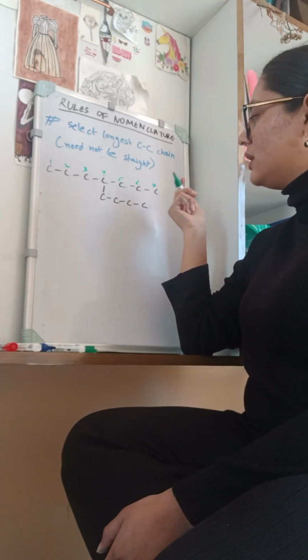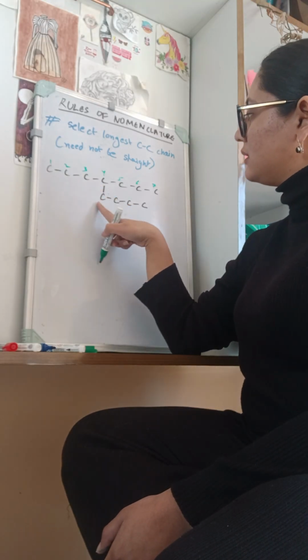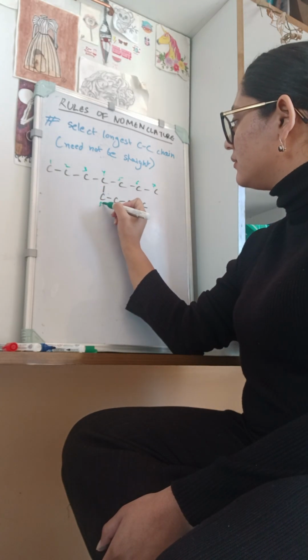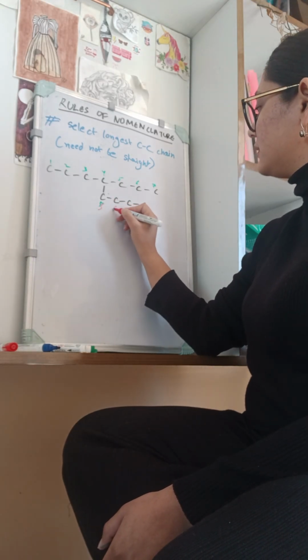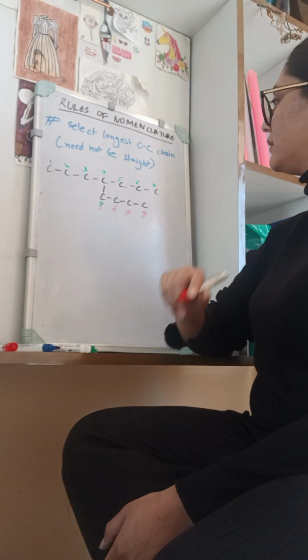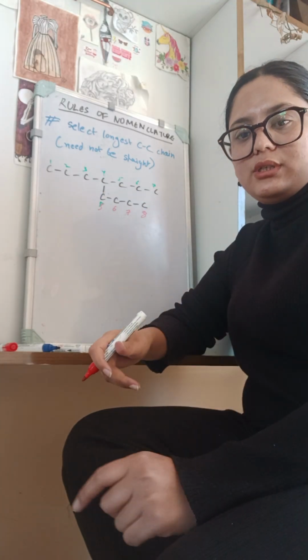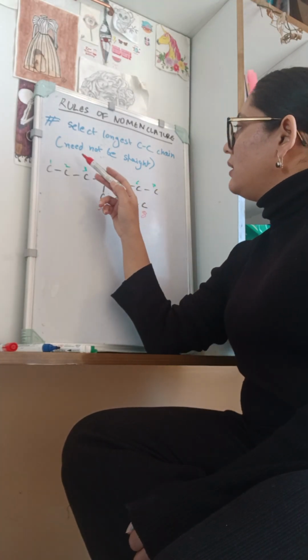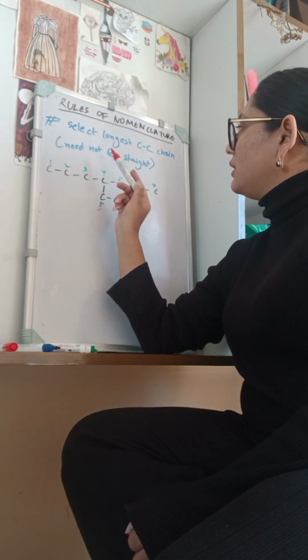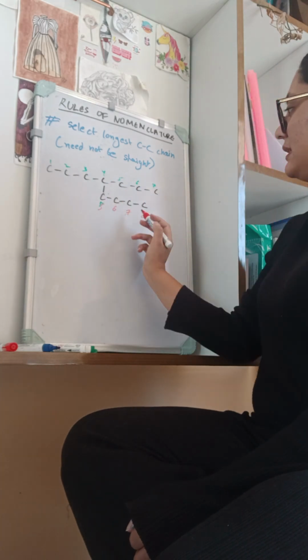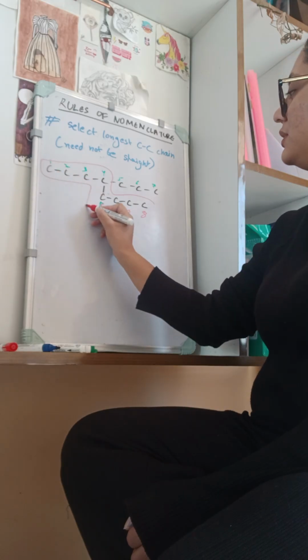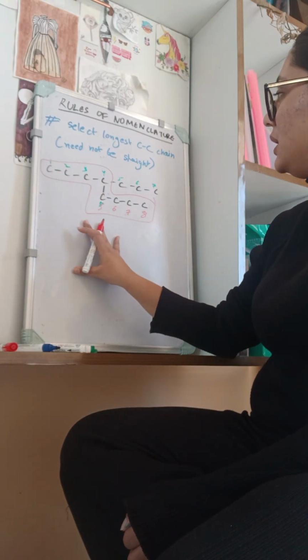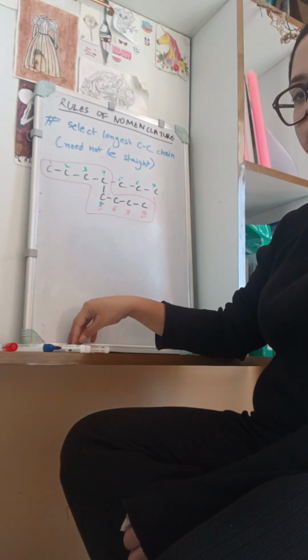This is 7. But if we count this instead, we'll get 5, 6, 7, 8. So which is going to be the main chain? I just said the longest chain does not need to be a straight chain. So we select the one which has more carbons. So this is our main chain.